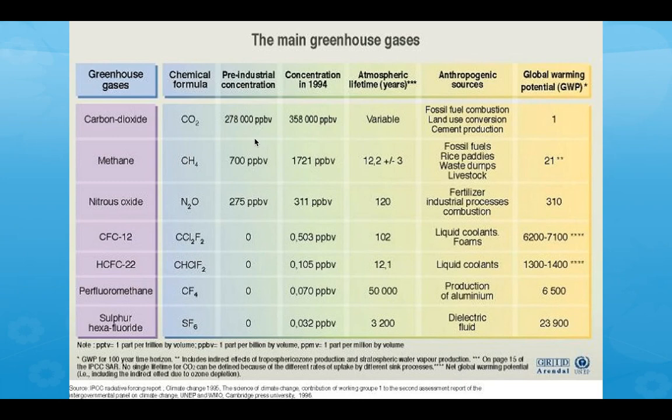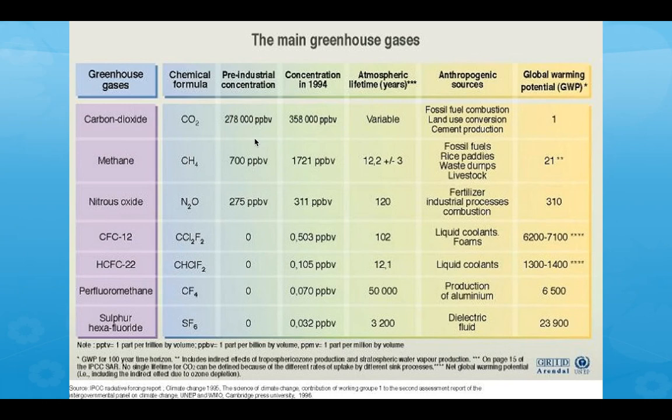So that's more than double. Its lifetime is about 12-ish years, give or take a few years. And the global warming potential is 21. So that's a big difference.